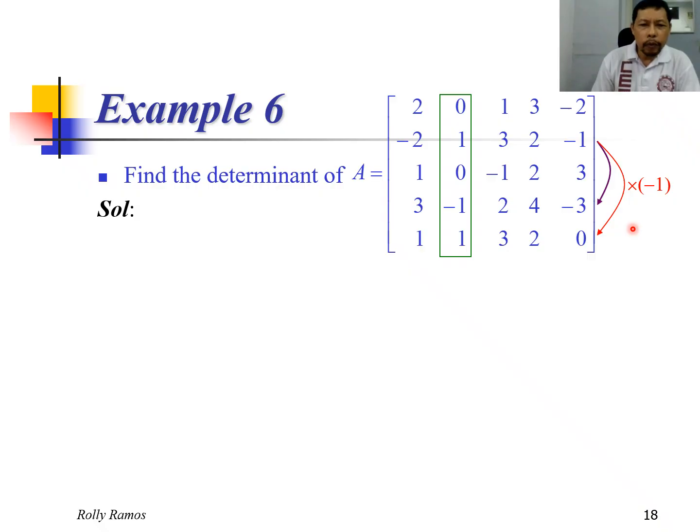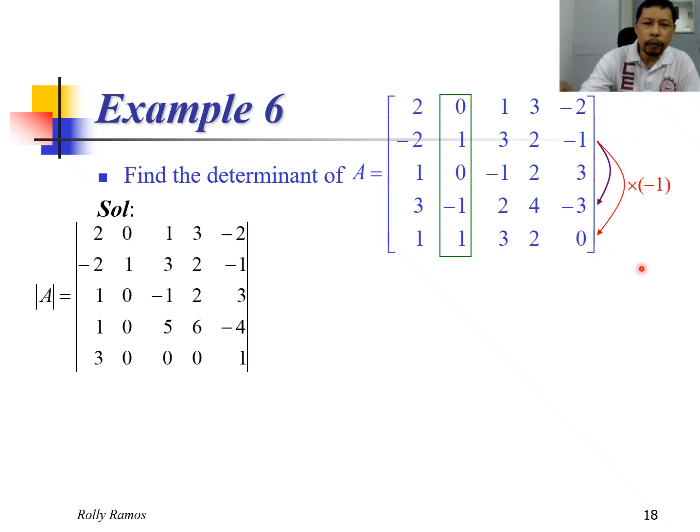Looking at column 2, there are two zeros. And starting with that, we could add row 2 to row 4. And we could multiply row 2 by negative 1 and add that to row 5.